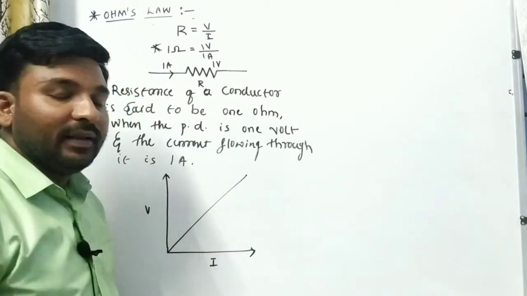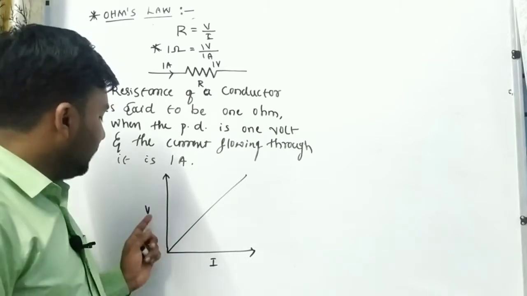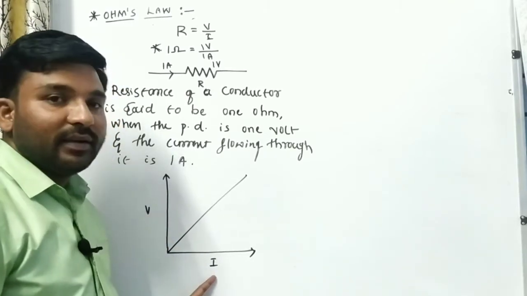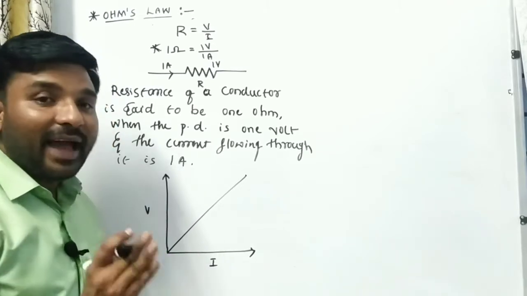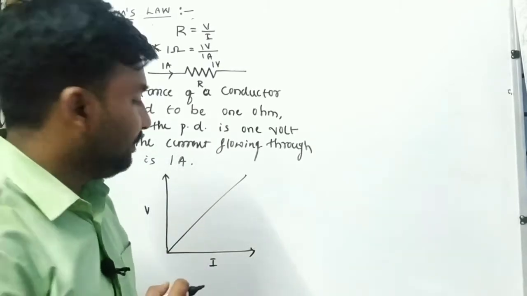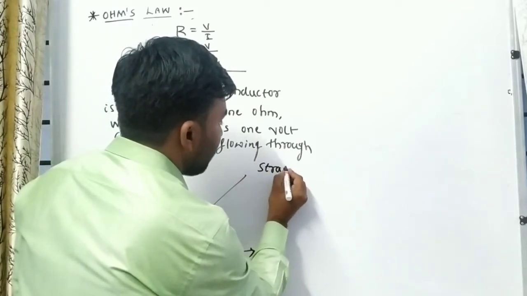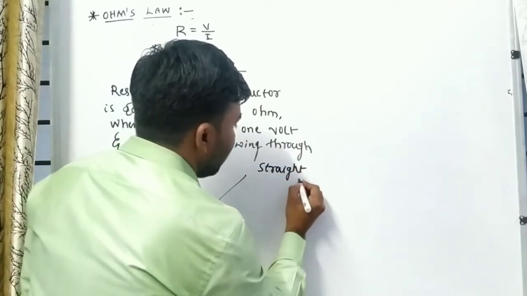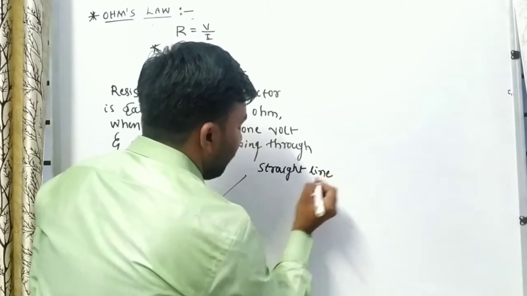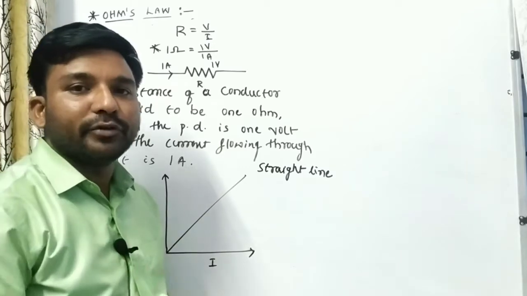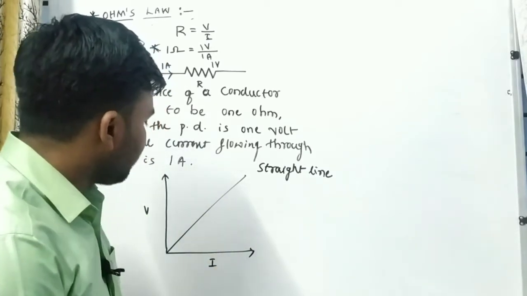This straight line indicates that these two quantities, voltage and current, are directly proportional to each other. When the nature of the graph is a straight line, we say that the given quantities are directly proportional to each other.